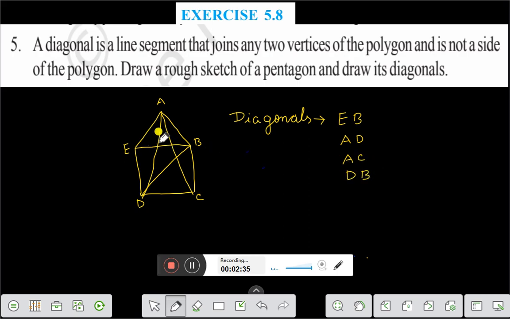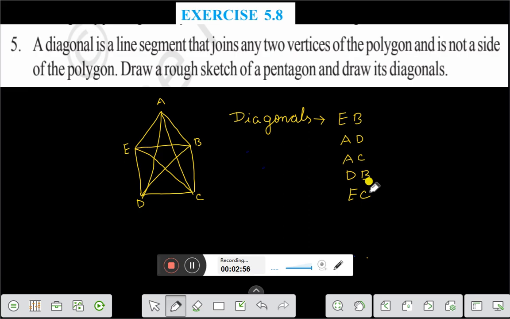And if we join E with C, there is another diagonal EC. Right? These are the different diagonals, that is EB, AD, AC, DB and EC.